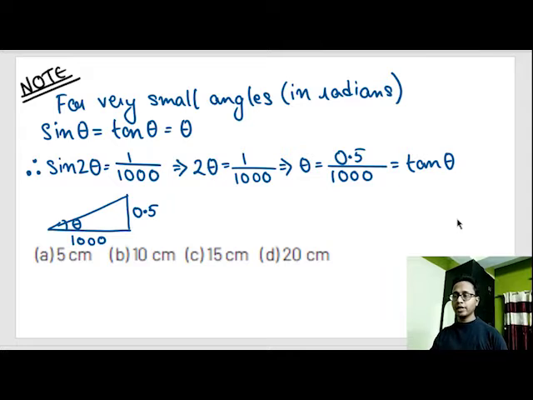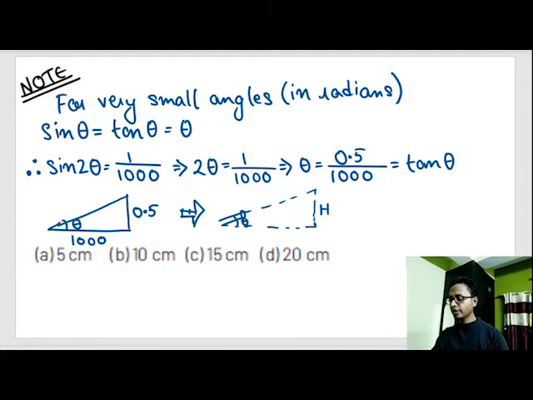Now let's draw our projectile. This was the height at which we aimed. Out here was our bullseye, and we have to find out this height h.